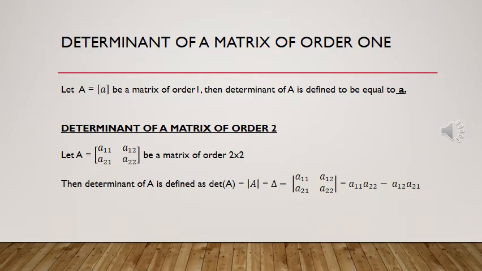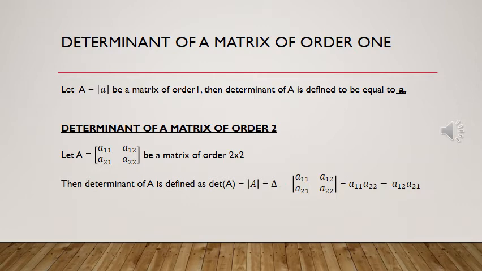Now its determinant is given by det A, or delta, equal to the determinant with rows a11, a12 and a21, a22. Its value is the product of a11 and a22, starting from the left top, a11 into a22, minus the product of the other diagonal, a12 into a21.